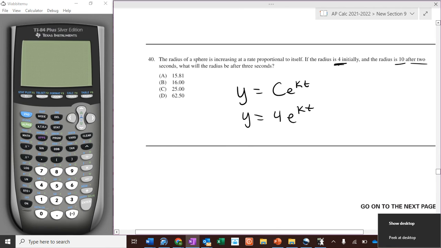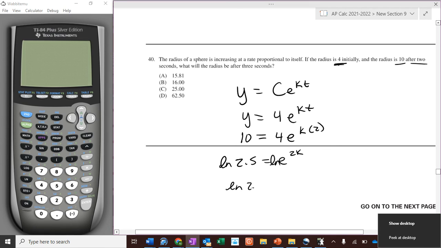And it's 10 after 2 seconds. So time is 2 and it's 10. So 10 equals 4e to the k times 2. And we solve for k. So divide by 4, 2.5 equals e to the 2k. What do we do to each side? ln it.